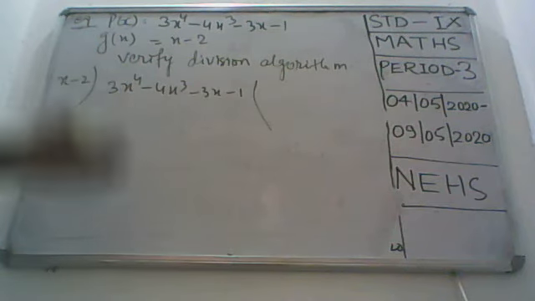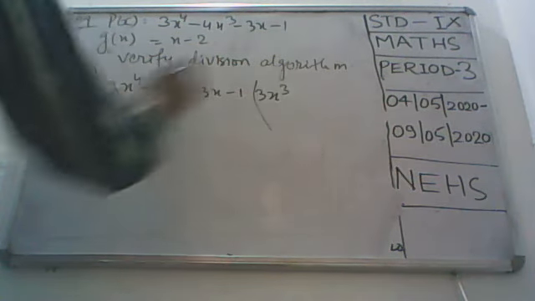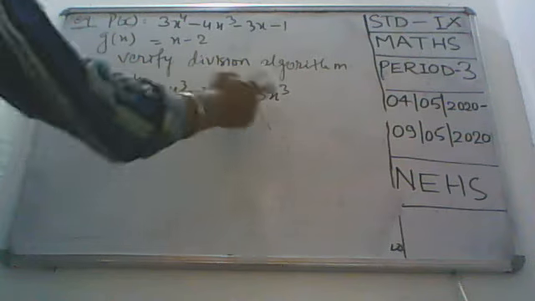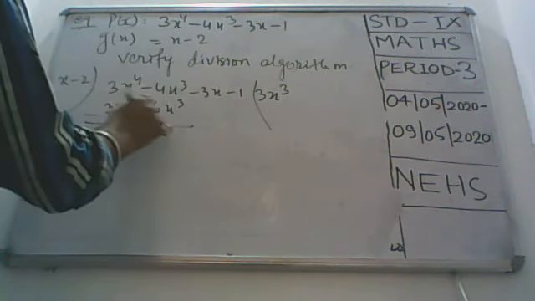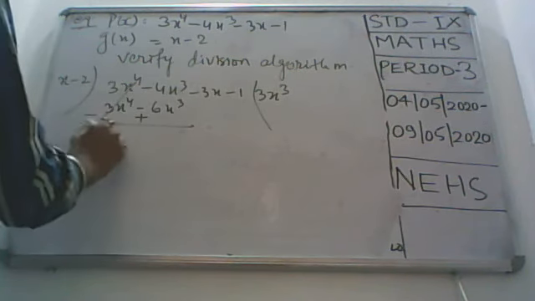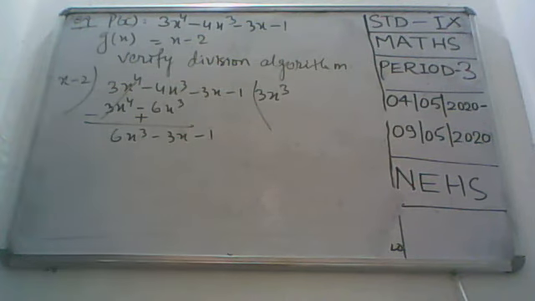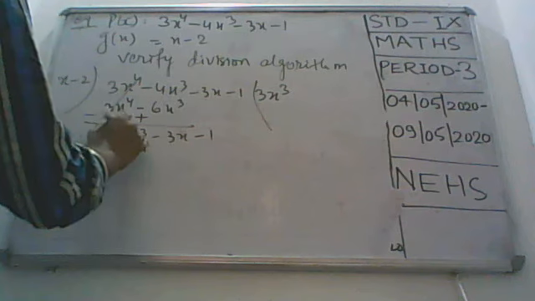And I know you all know this, so it will not take much time to explain. So first it will become 3x cube, so 3x to the power 4 minus 6x cube. Then minus plus cancel, and it will become 6x cube minus 3x minus 1. Plus 6 minus 4, that is 2.